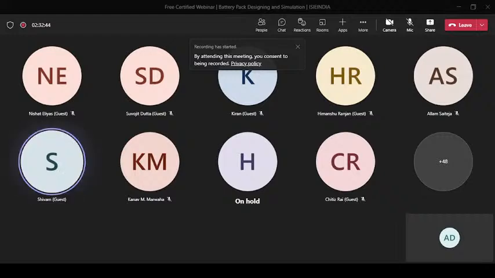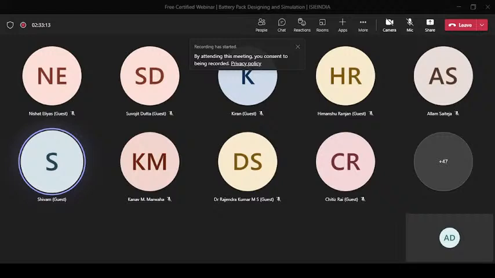And there are many other factors that you have to consider while selecting the battery pack design. Again, you have to select the cooling methodologies, whether you need any extra cooling or not, and the region for which you are designing the battery pack. Take an example of Rajasthan, where the normal temperature goes up to 50 in summer.